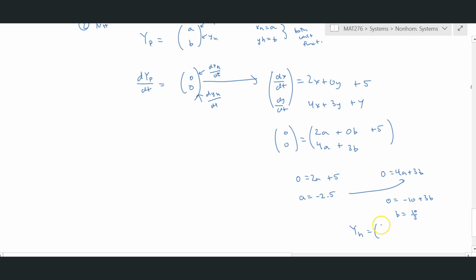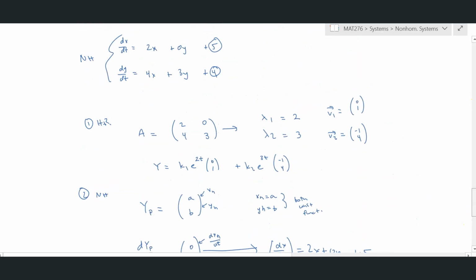So I'm going to go ahead and list this as negative 5 halves and 10 thirds. And so my general solution will be y equals y homogeneous plus y particular. What was y homogeneous? Well, that was k1 e to the lambda 1 t v1, 0, 1, plus k2 e to the 3t, that was lambda 2, negative 1, 4.